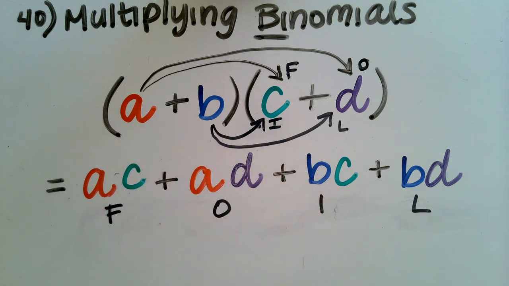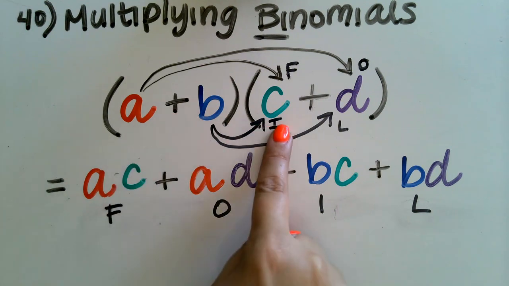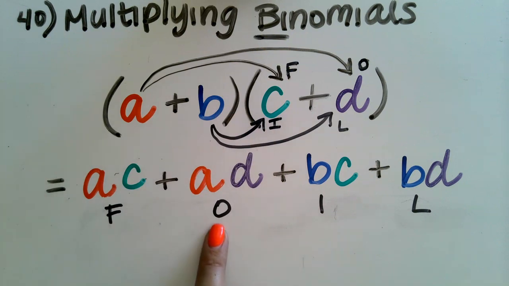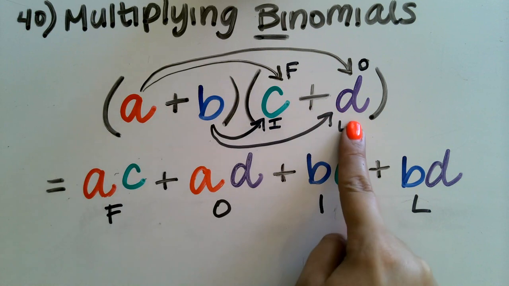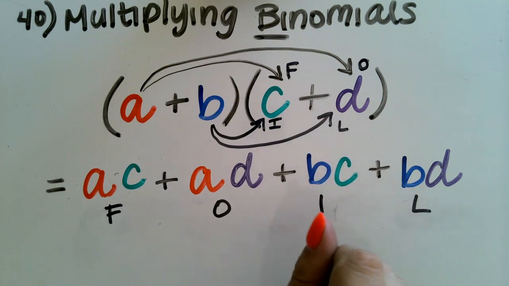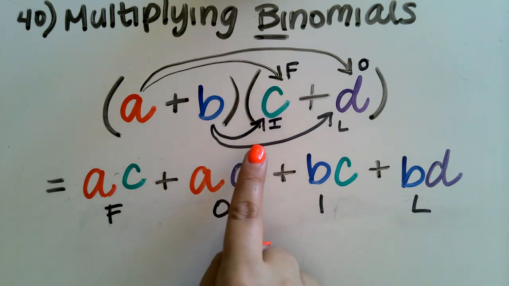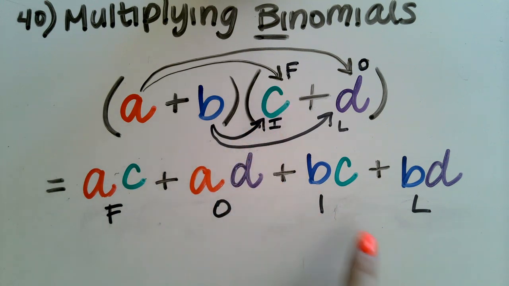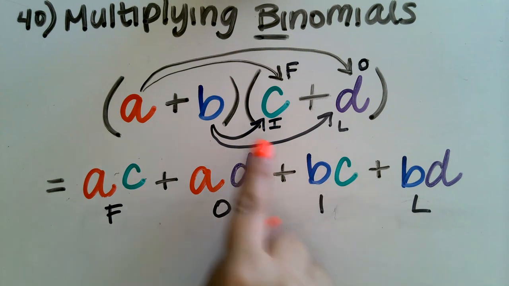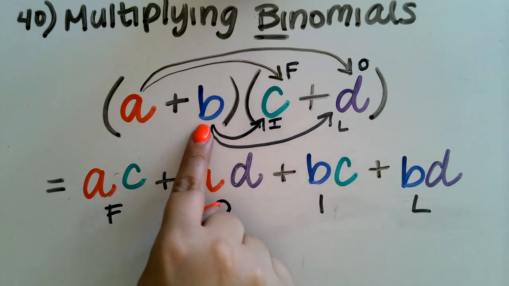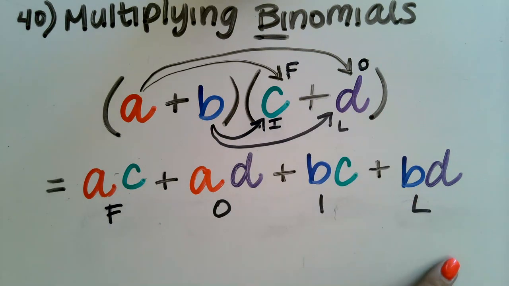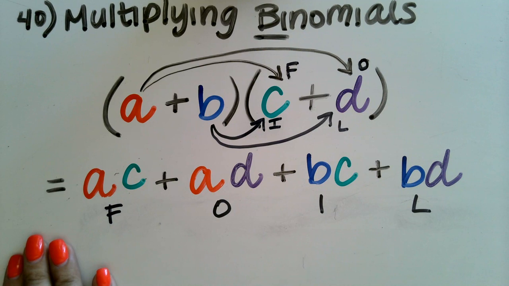Starting with your F is always A times C. Adding to your O, your outside terms, of A times D. Adding again your B times C, this is your I, those inside terms, and then finally your last terms, B times D. You combine all of those terms together, and you combine them where you can.